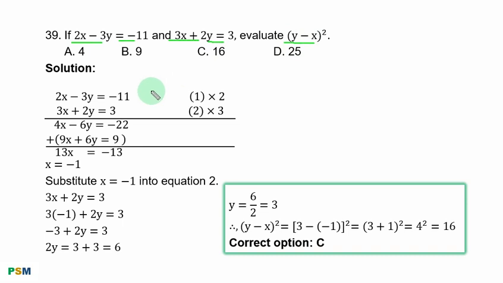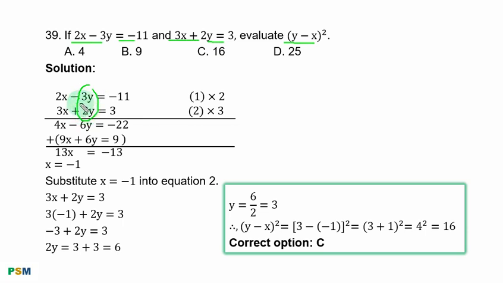You have equation 1 and equation 2. Here, I want to eliminate variable y. To do that, the coefficients must be the same in both equations. Here, you have 3, 2. You simply find the LCM, which is 6.